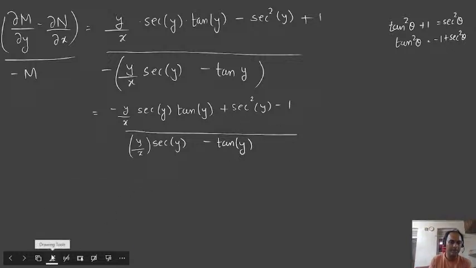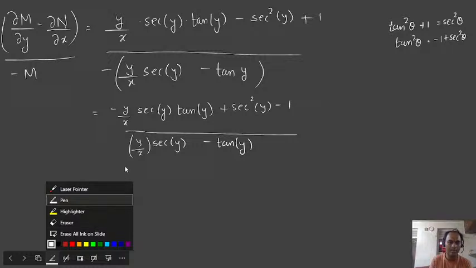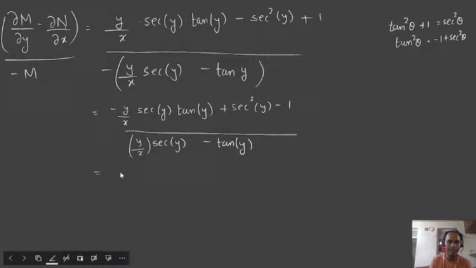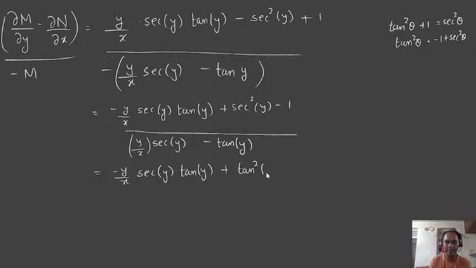So minus of (y/x) sec y tan y is going to be, I'll write here, plus of tan² y over (y/x) sec y minus tan y.